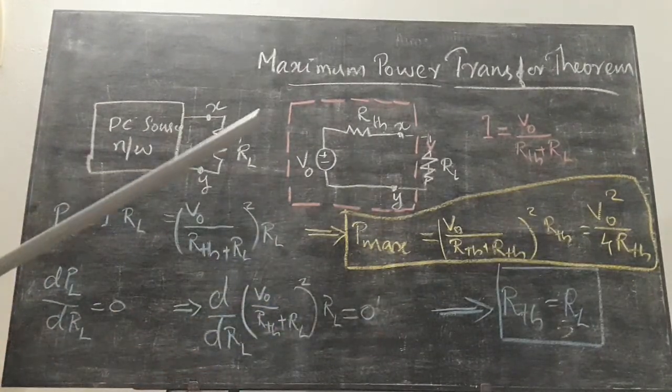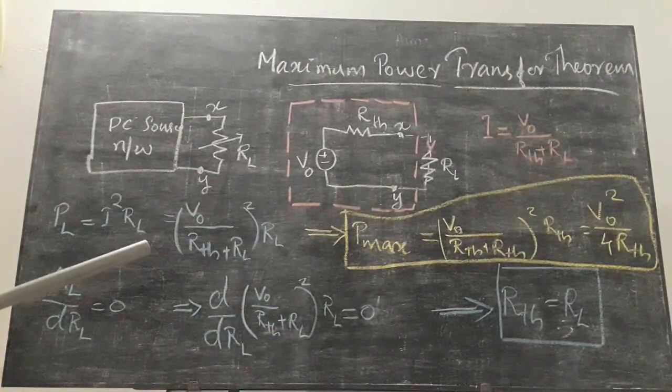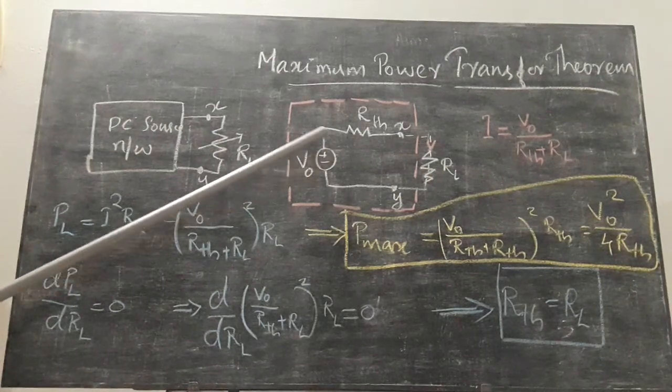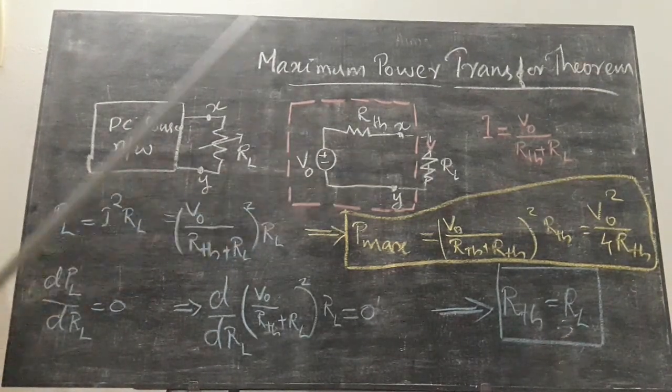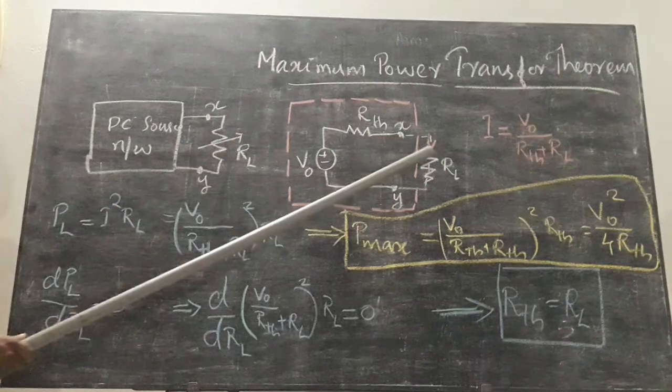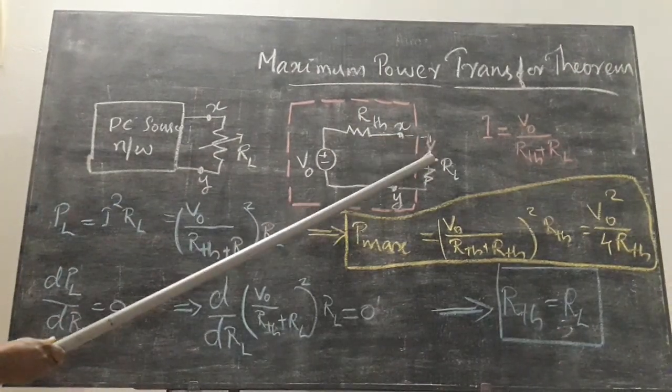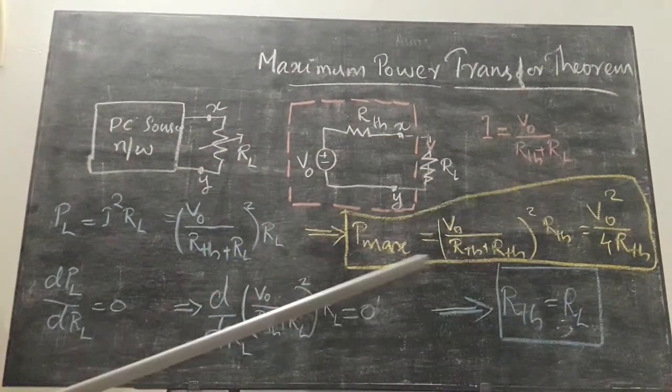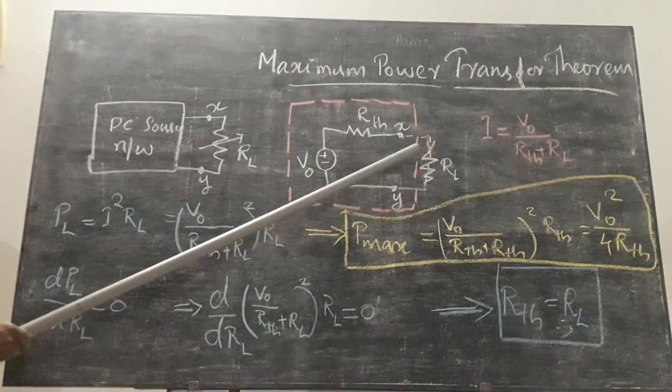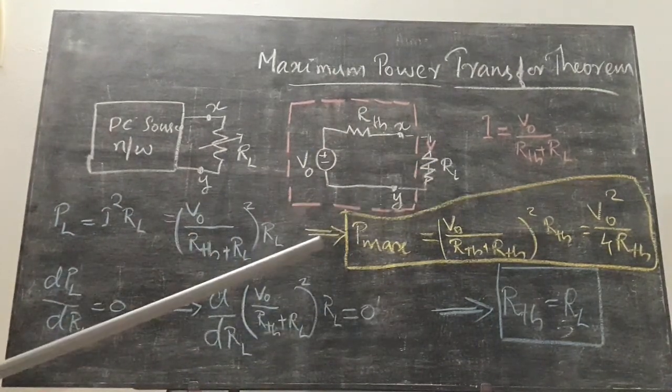Now one more thing, power is transferred from this source to the load, and the amount of power received by the load is equal to V0 square by 4 RTH. Maximum power received by the load is equal to V0 square by 4 RTH.